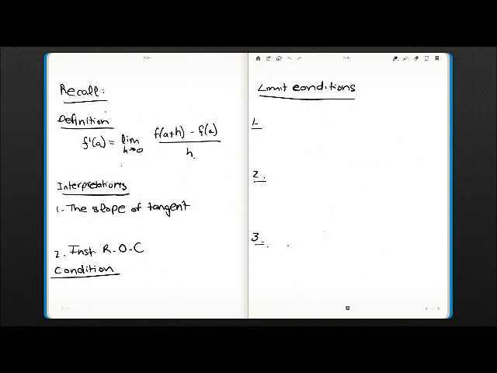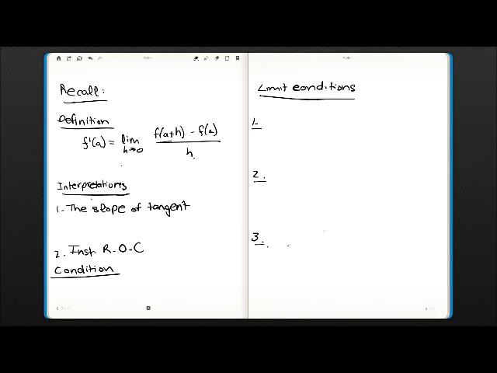First, I want to recap what I talked about in the intro to derivative video. The first is the definition of the derivative, which is f prime at a equals the limit as h approaches 0 of f at a plus h minus f at a, all over h. The second is what it means.